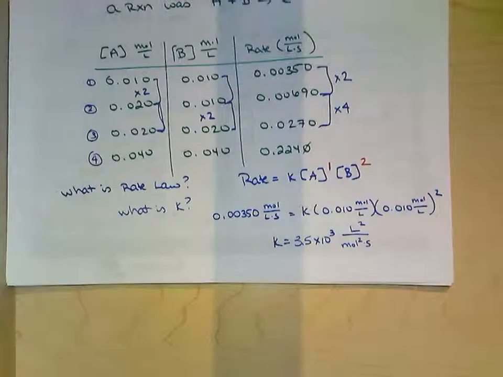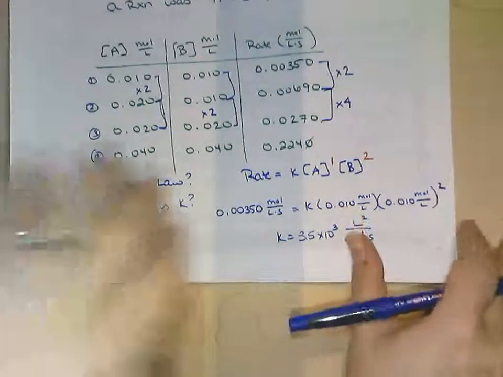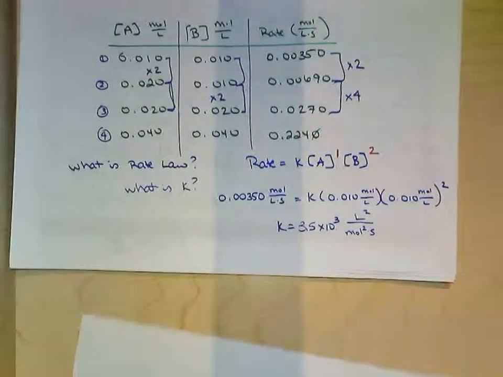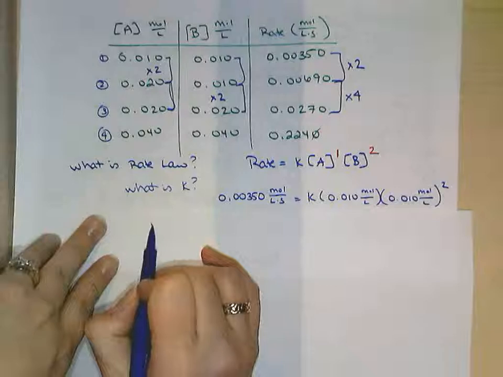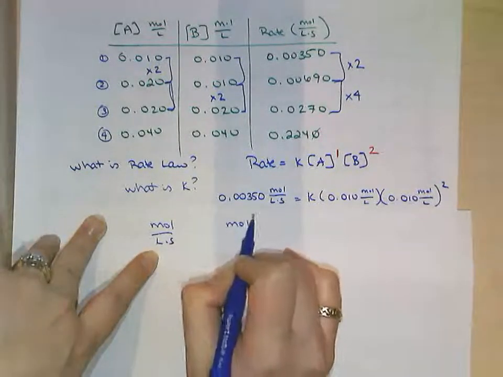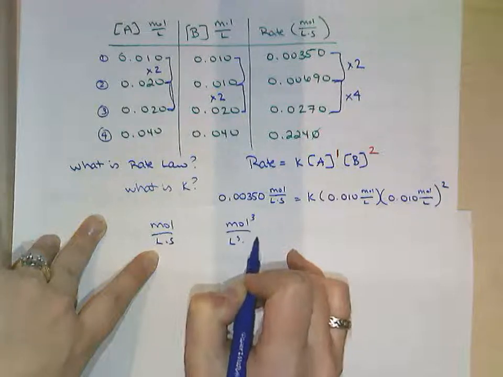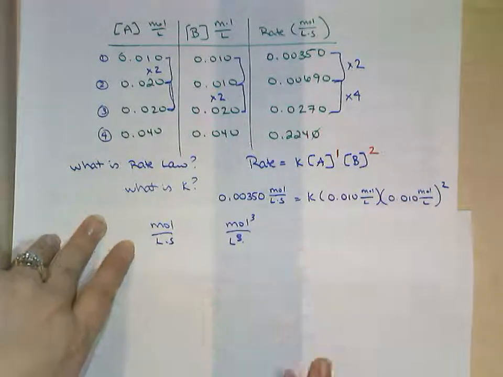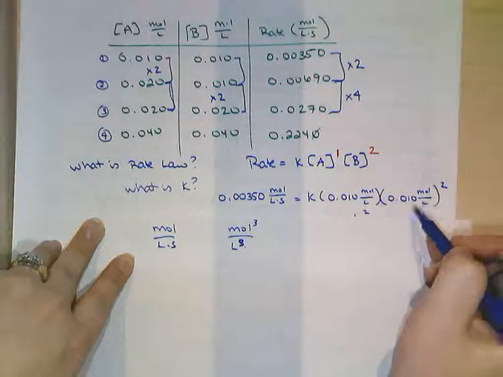Everybody, something similar to that? Let me get myself another clean piece of paper. So here I had moles per liter seconds, and then on this side I have moles cubed over liters cubed. So because I'm doing division, I'm dividing this side over this side.